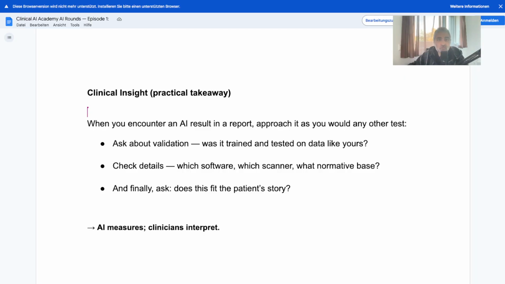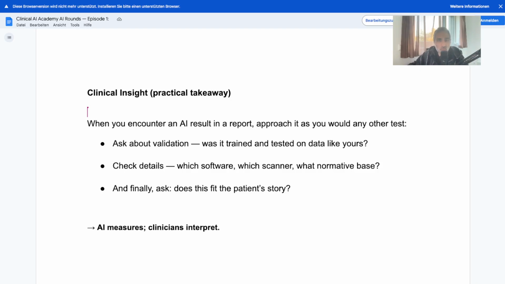It is also wise to check the details, for example the characteristics of the software, its efficacy, its efficiency, its safety, and the scanner that was used. Does it correspond to, or is it similar to, the scanner that you have in your clinic or hospital?